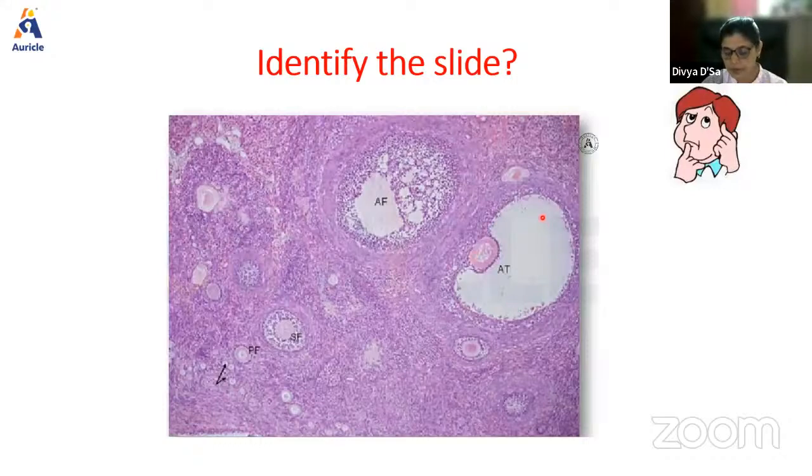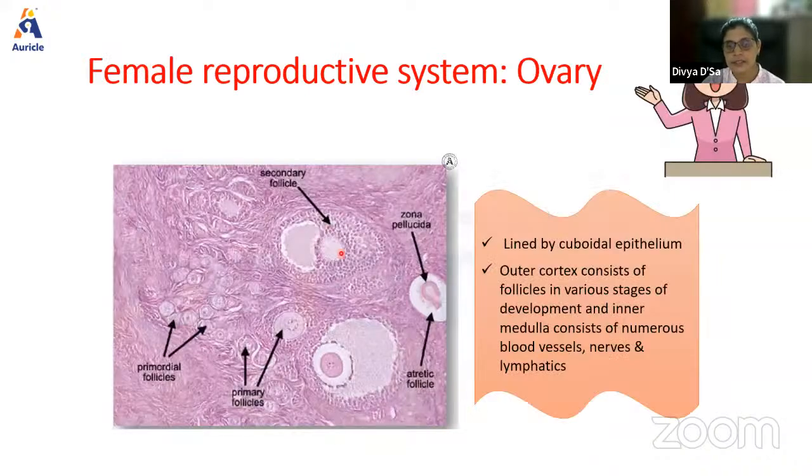So all these things, when we see, we have to identify it as ovary. Here the ovary is lined on the outside by cuboidal epithelium, which is otherwise called germinal epithelium. It is called germinal because of its embryological role in contributing to the formation of the gonads.